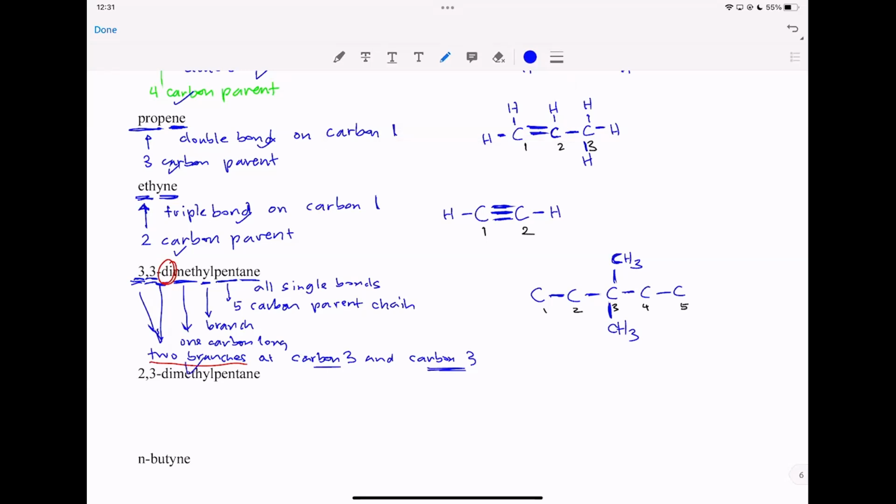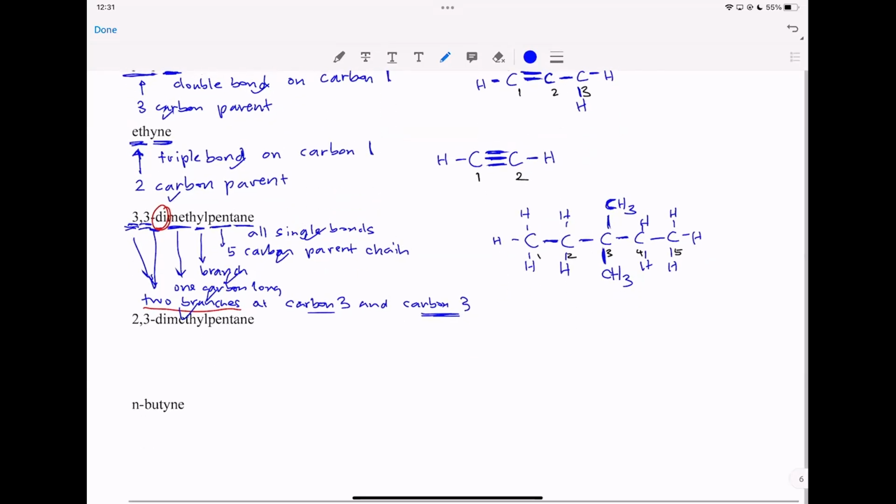That's everything on here. So now you fill in the rest with hydrogens. Make sure that every carbon has 4 bonds. Put hydrogens on those carbons. And that would be the structure of 3,3-dimethylpentane.